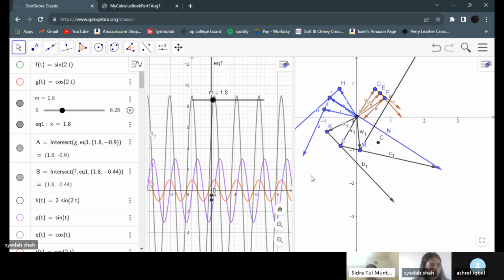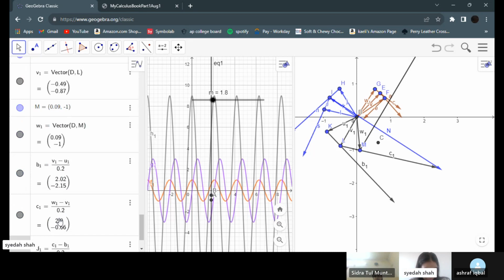Now you can find the lengths of these velocity vectors and the acceleration vector.